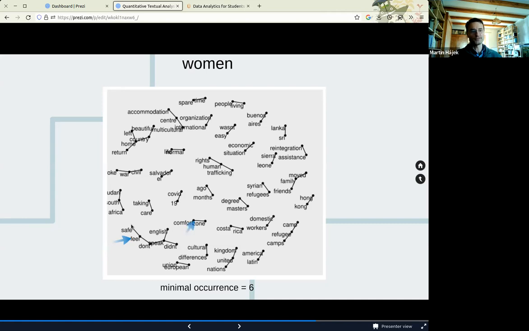Also comfort zone. It was surprising for me that I found this collocation in these stories, comfort zone, and wasn't easy. It's also interesting, and similarly broke civil war.